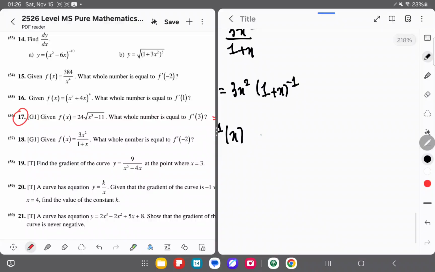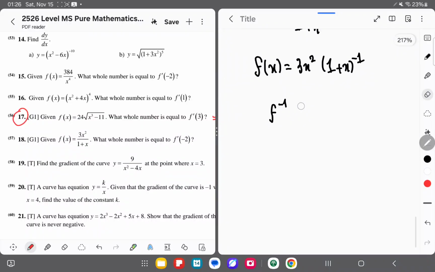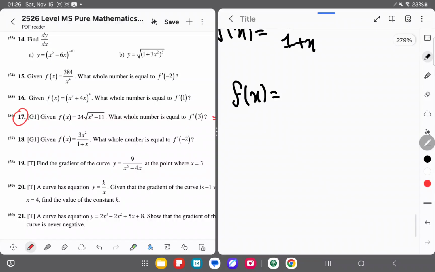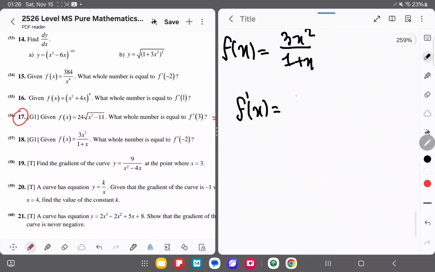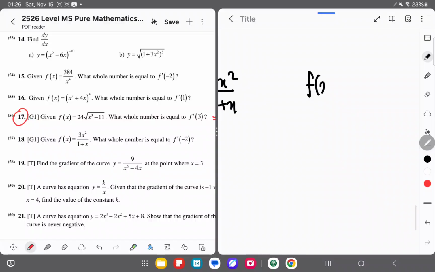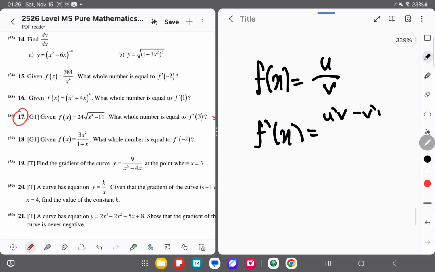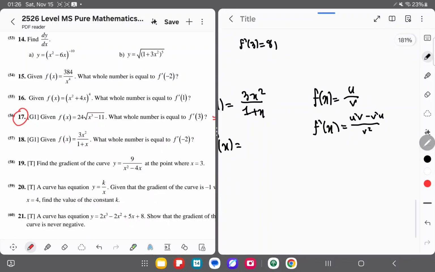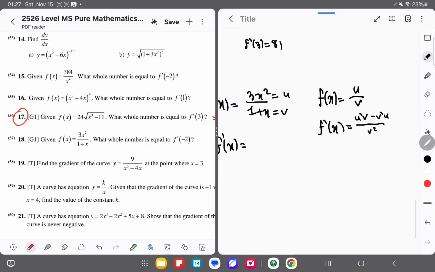Actually, even easier, we can just use, when v(x) is equal to u over v, v prime of x is equal to (u prime v minus v prime u) over v squared, with u being equal to 3x squared and v equal to 1 plus x.